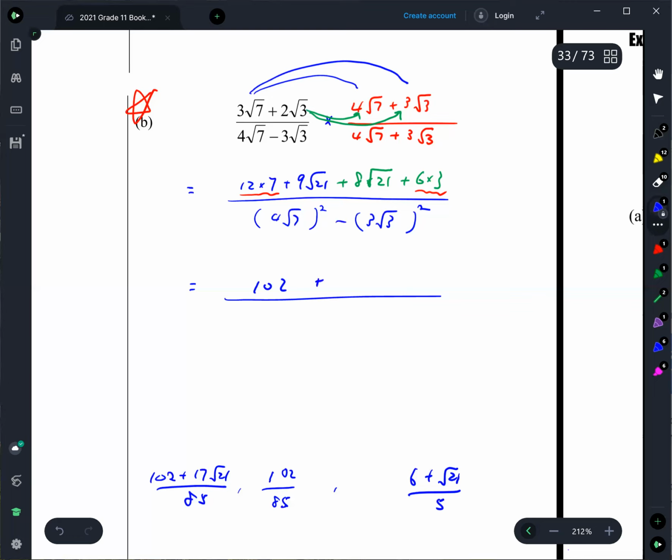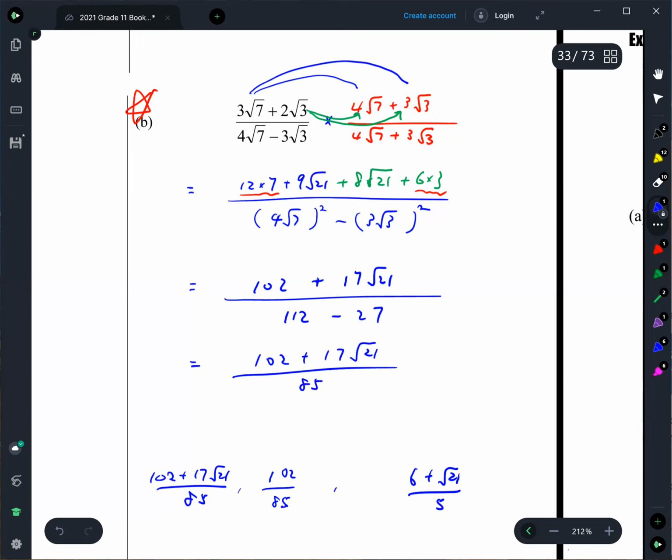Then add the ones that have the square root 21, and that will give you the 17 root 21. Now for the denominator, you have 112 minus 27. After you simplify that, it will be 102 plus 17 root 21 over 85.